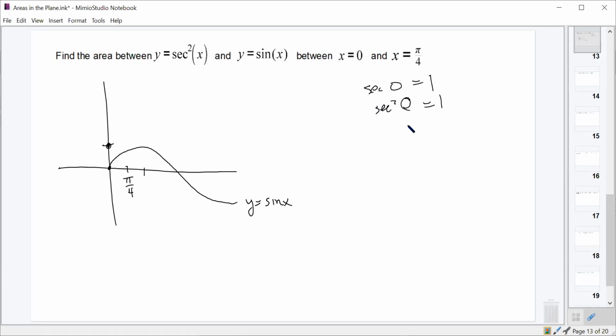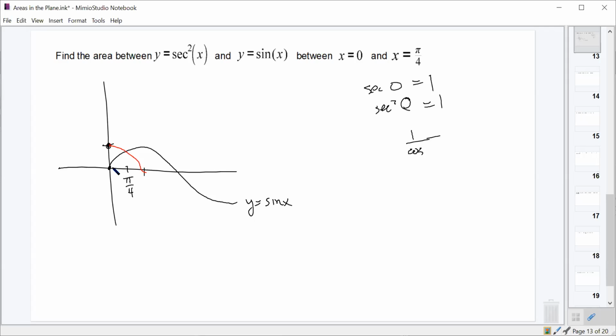And then we know that secant is 1 over cosine, right? Well, what's the cosine function doing? The cosine function starts going down. And so if I'm doing 1 divided by some number that's between 0 and 1, that should tell me what secant is doing.